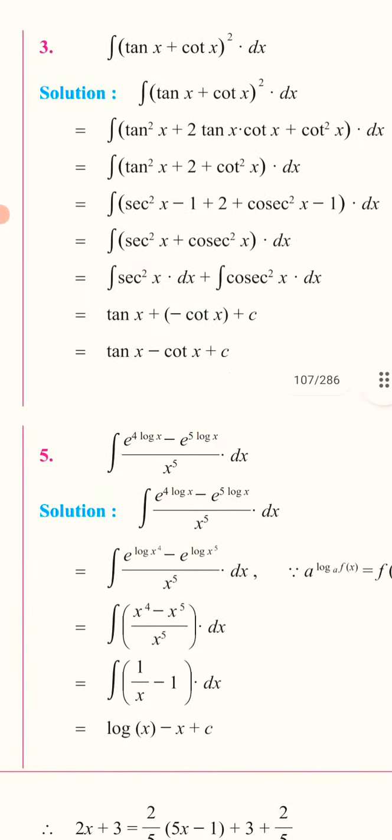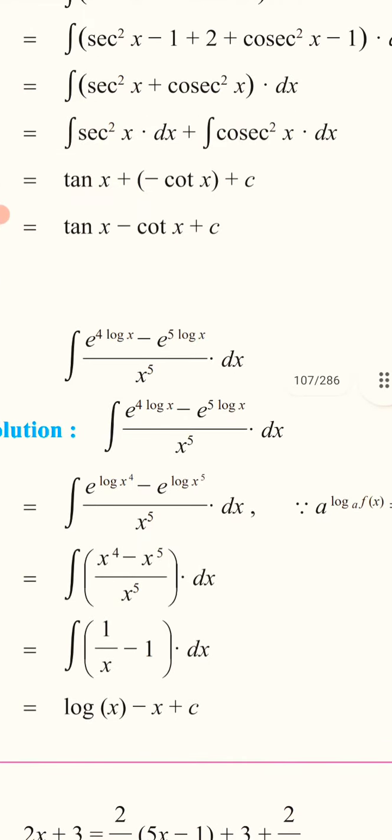Next example: integration of e raised to 4 log x minus e raised to 5 log x, dx upon x raised to 5. 4 log x can be written as log x raised to 4, so e raised to log x raised to 4 minus e raised to log x raised to 5, divided by x raised to 5.